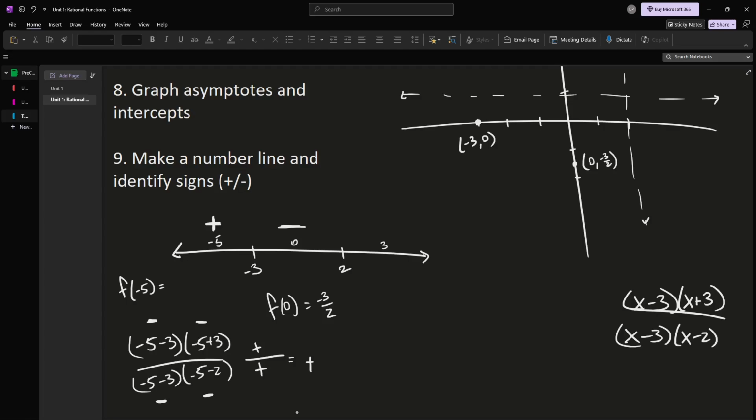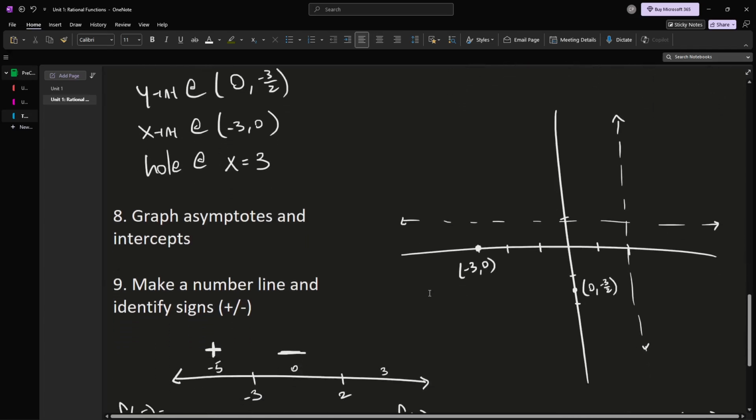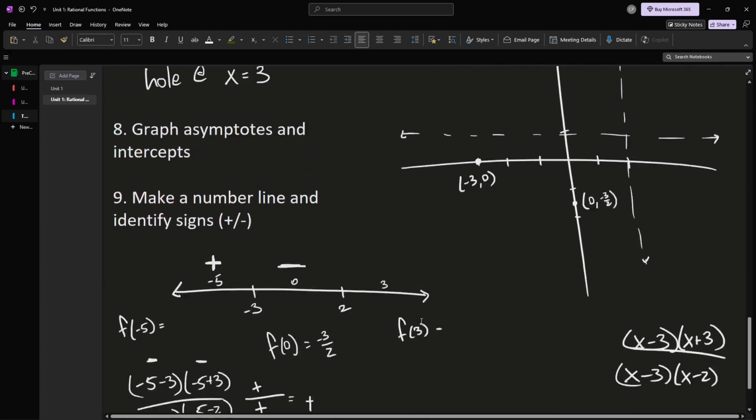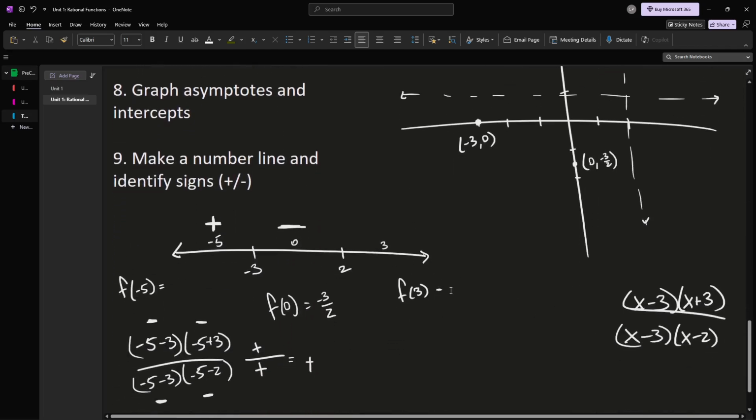And then finally, with 3, we do the same. F of 3 gives me, oh, you can't use 3. That's a little mistake I made. Think about why you can't use 3 for a minute. What about 3 is special? What's special about 3 is it's a hole. And a hole would make this undefined, so I don't know if it's positive or negative, because it's neither. It doesn't exist.